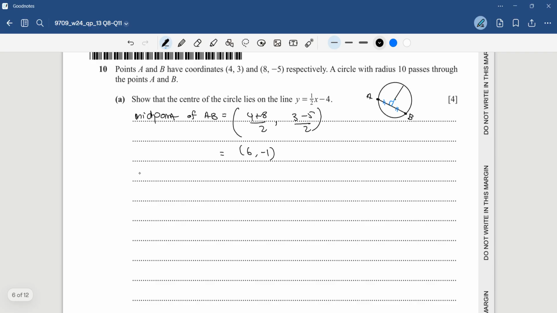And then we find the gradient of AB. It will be (3 + 5)/(4 − 8), which will be negative 2. The perpendicular bisector is perpendicular, so negative 2 multiplied by the gradient of the perpendicular line will be negative 1, therefore m equal to 1/2.